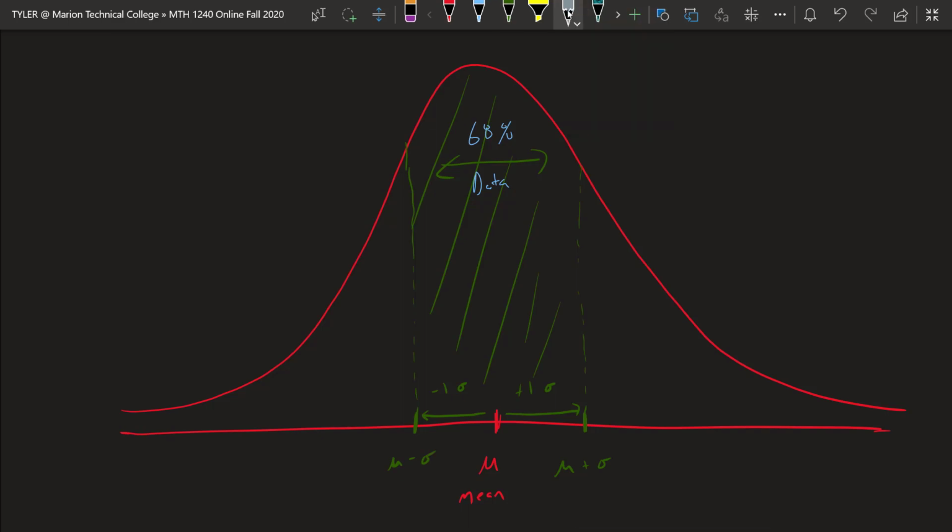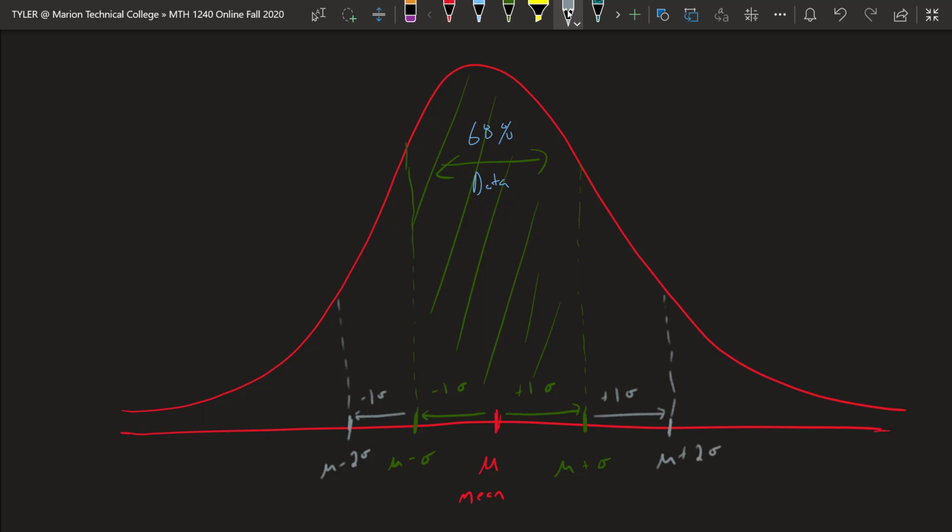Then if I go another standard deviation, plus one more this way and minus one more this way, and put a tick mark, this value would be mu minus 2 standard deviations, and this would be mu plus 2 times sigma.